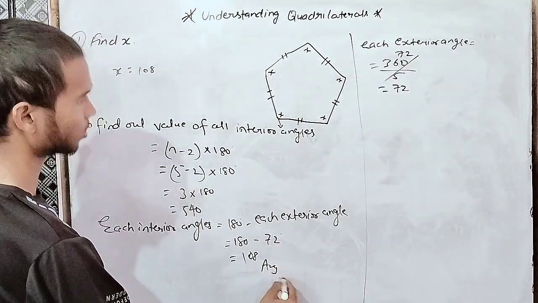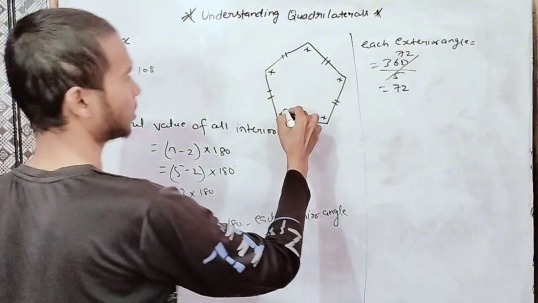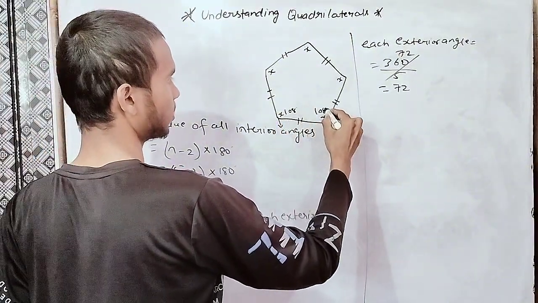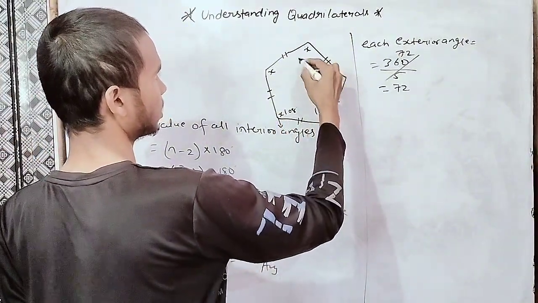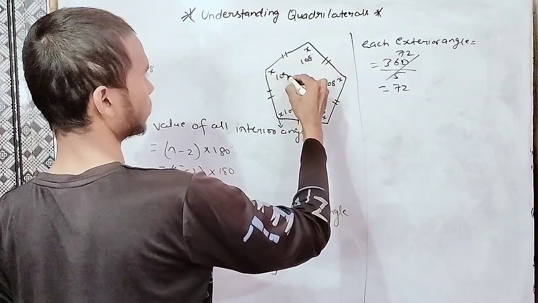This is the answer. So this will be 108, this will be 108, this will be 108, and this will be 108.